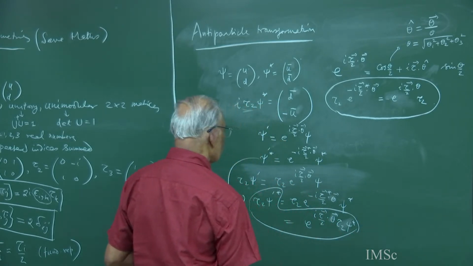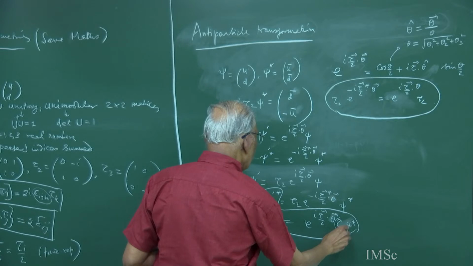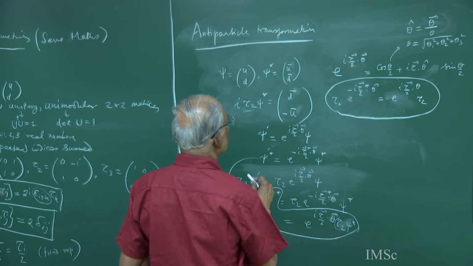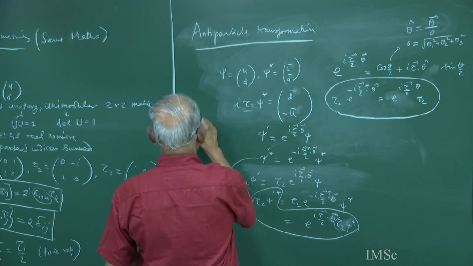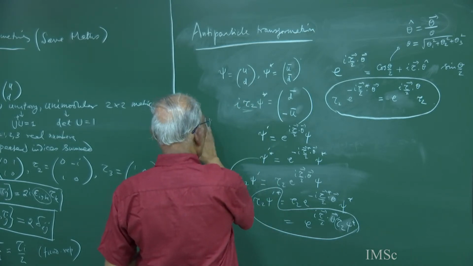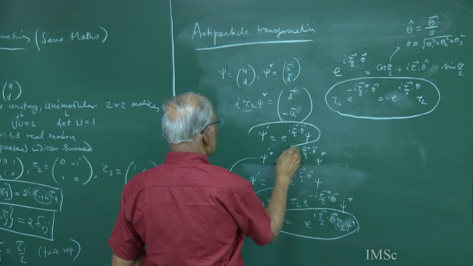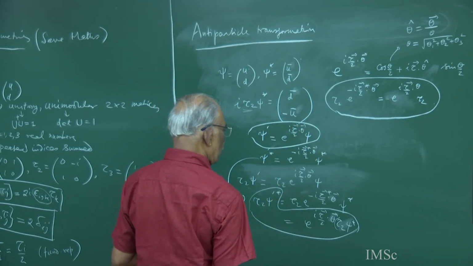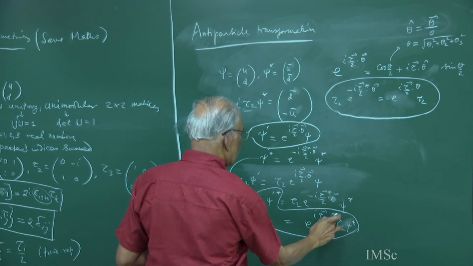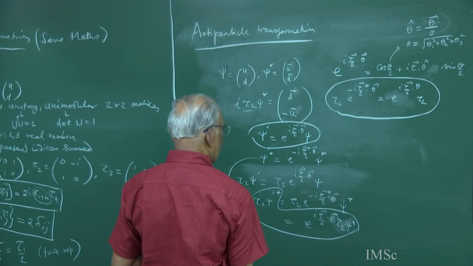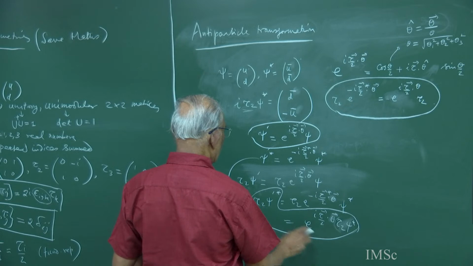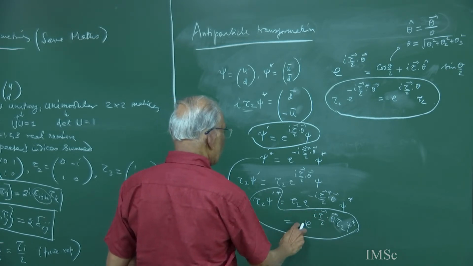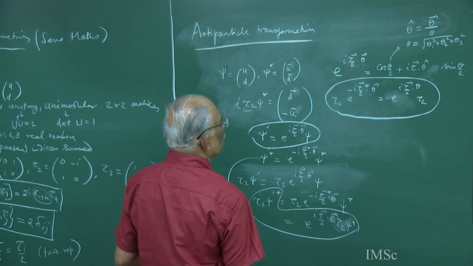So tau 2 psi star transforms in the required way. For an isodoublet, it should be plus and all taus only will come, and that is what happens here. So it is tau 2 psi star which behaves correctly as an isodoublet. So tau 2 psi star goes to tau 2 psi prime star under the SU2 rotation.